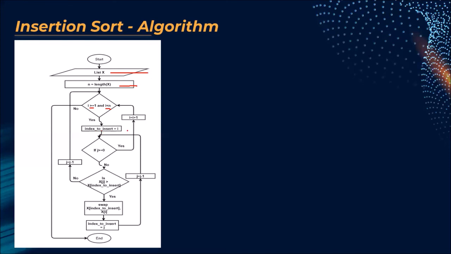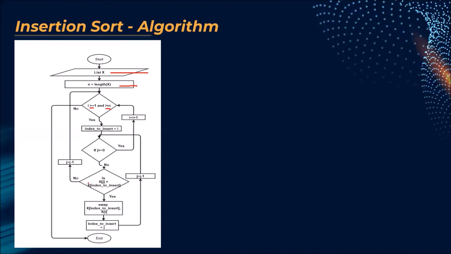So we take index to insert is equal to i, and then this particular loop, if j is greater than or equal to 0, is denoting the sorted part, wherein we are comparing the element which we have taken from the unsorted part to each of the elements of the sorted part. So j is the one denoting the sorted part, and we go from the end index of the sorted part till the 0th position.